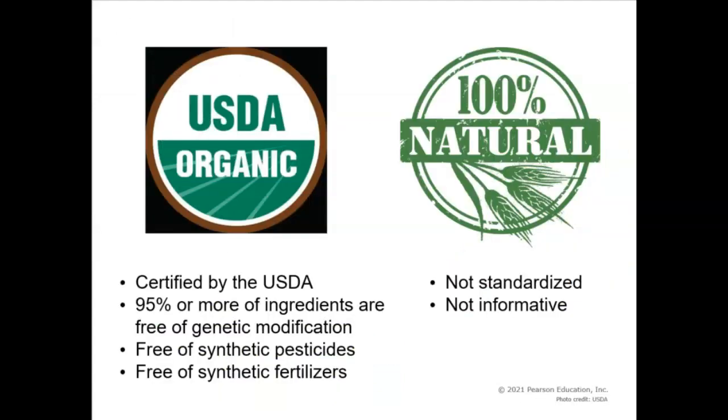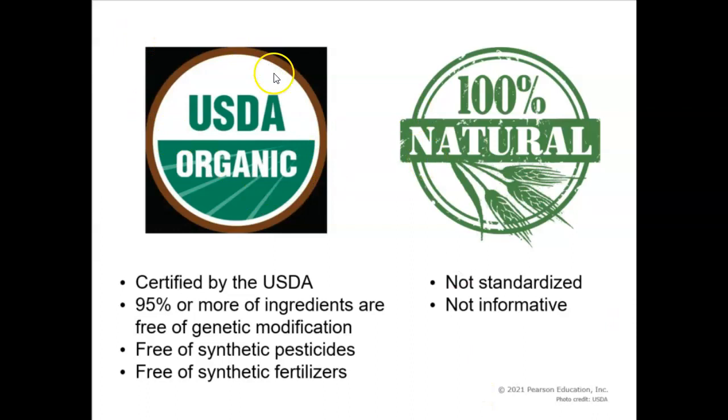So just briefly here, I'm going to talk about the difference between something that's certified organic and something that is just labeled as 100% natural. So these two things are not the same. The 100% natural label is not standardized and really not informative at all because there is no standardization behind it.